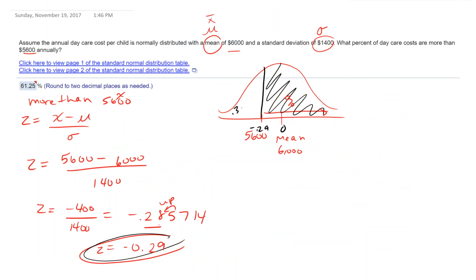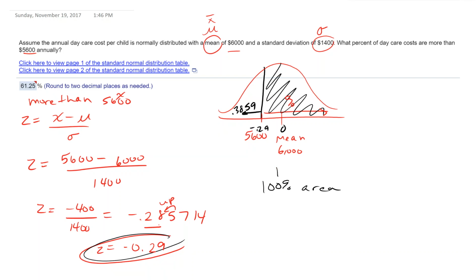0.3859 is the percent of area that's to the left of your z, and that's not landing in the correct direction. We want to go more than, or to the right. Well, remember that under a curve, we have 100% area fits under the entire curve. As a decimal, that's equivalent to 1.